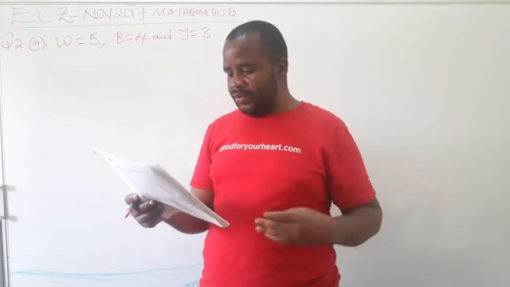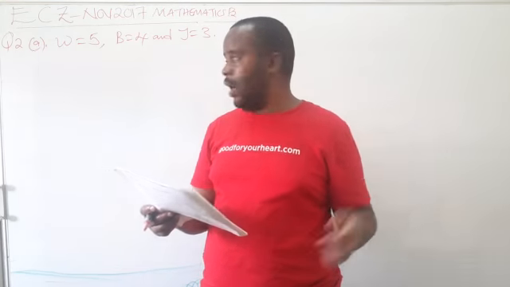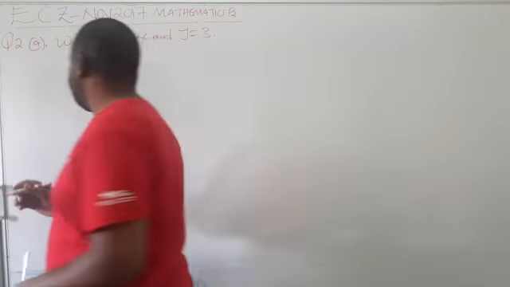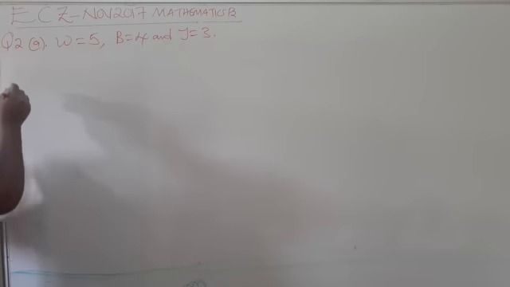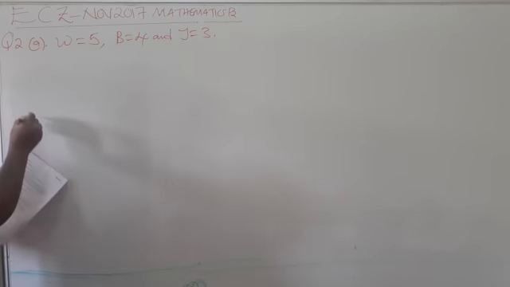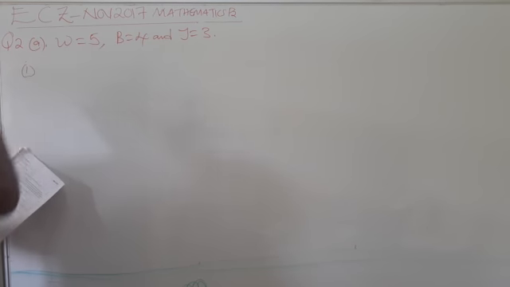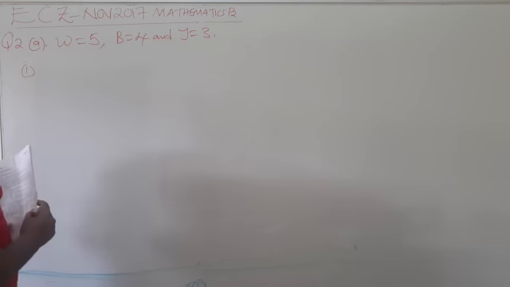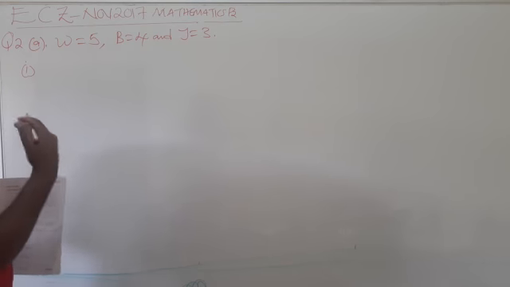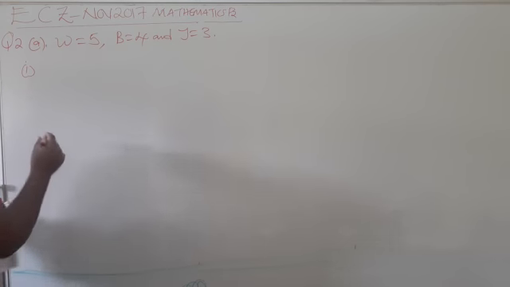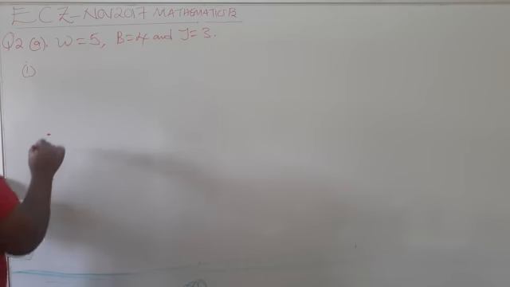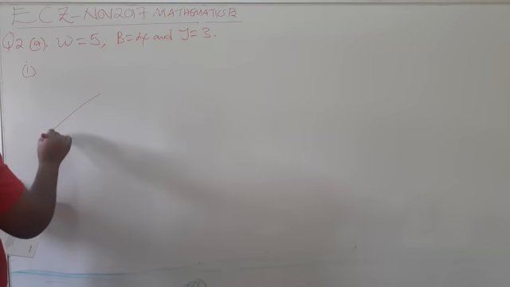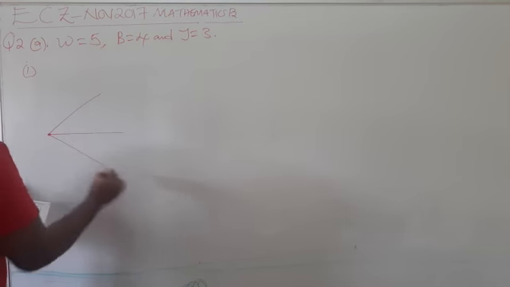Roman numeral 1. Draw a tree diagram to show all the possible outcomes. So we have to draw a tree diagram. Okay? So there's a technique here that you need to develop. Because we've got these 3 colors, we'll create a diagram that will have 3 branches.